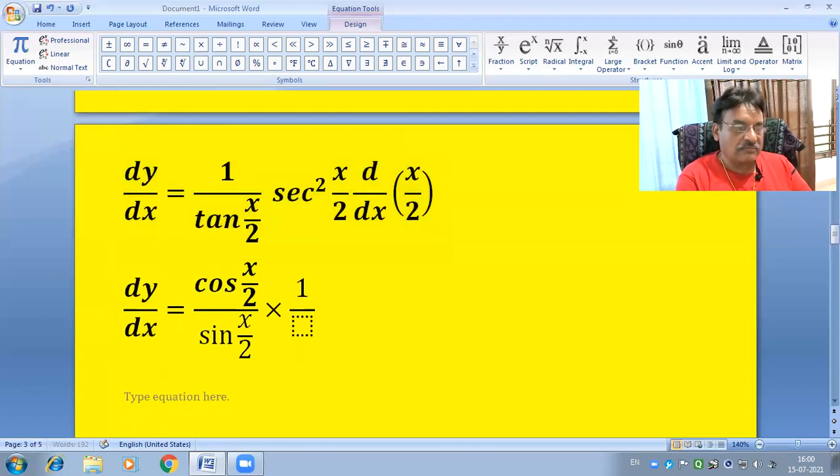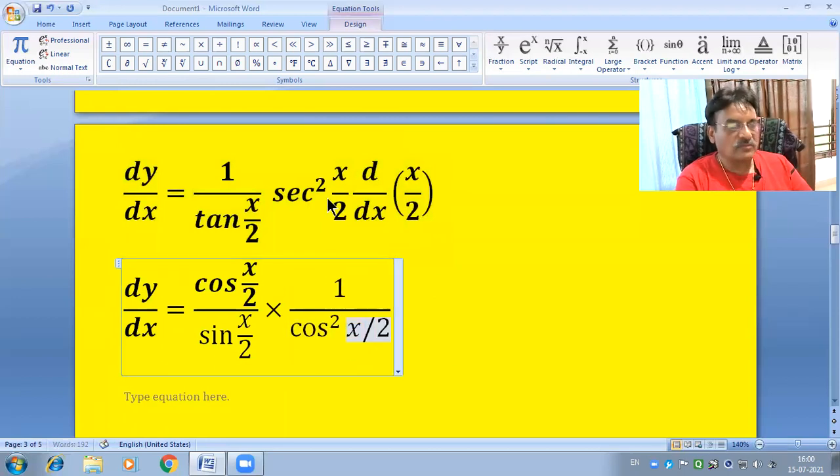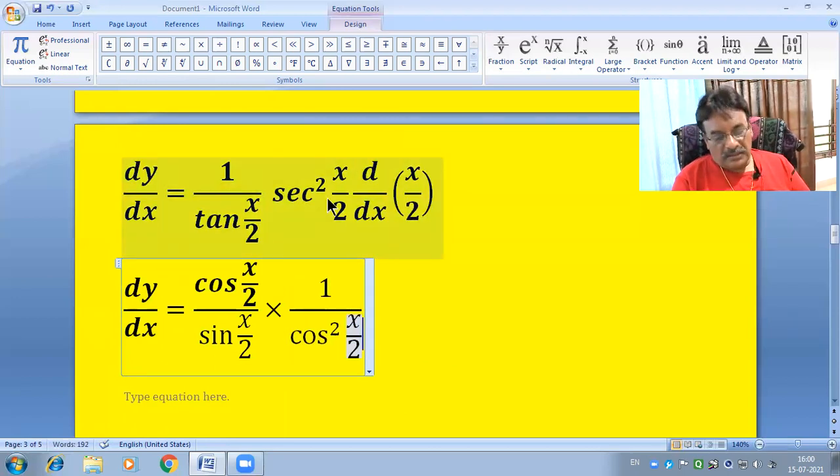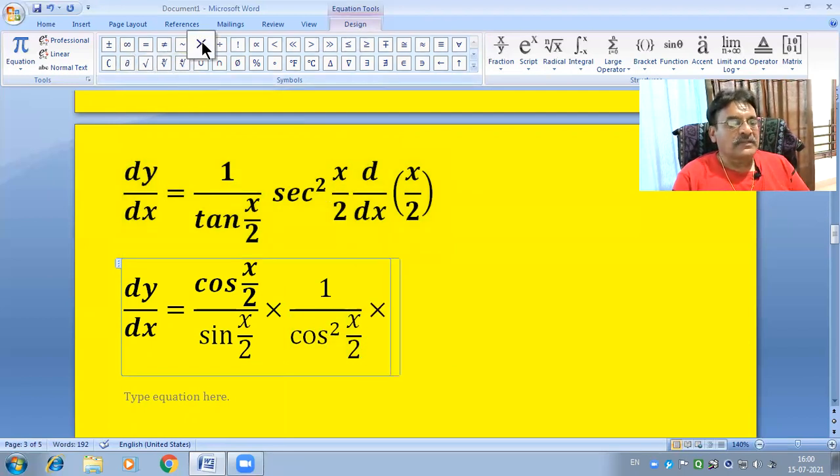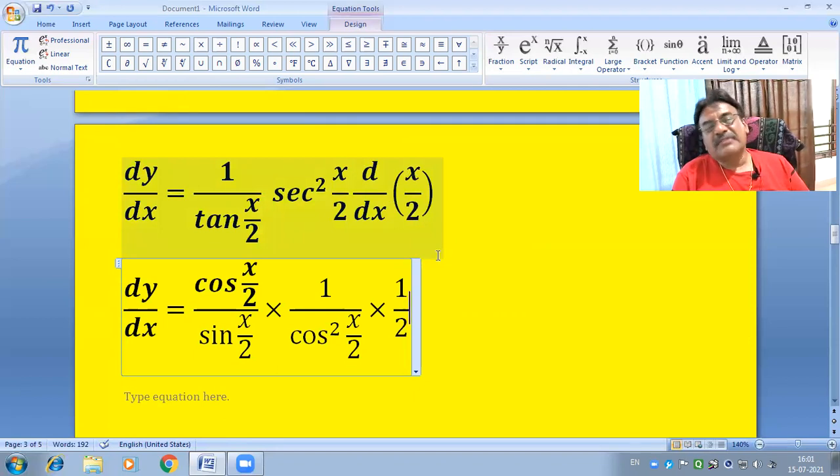So we write here 1 by cos square x by 2, into d/dx of x by 2. Here 1 by 2 is constant, so write 1 by 2, d/dx of x that is 1. So 1 by 2 into 1, we get here 1 by 2.